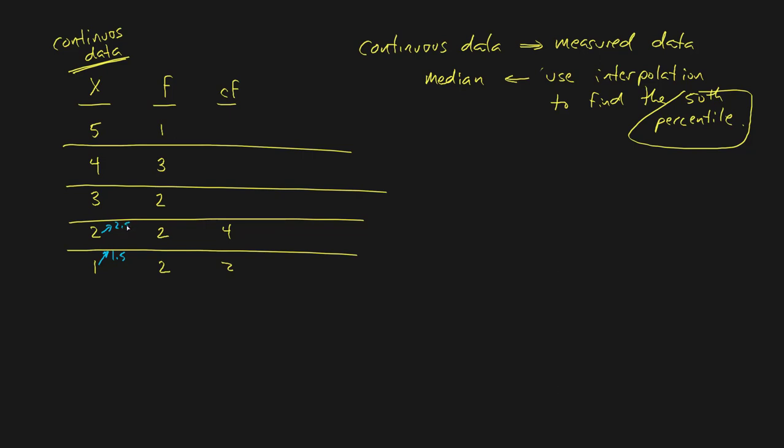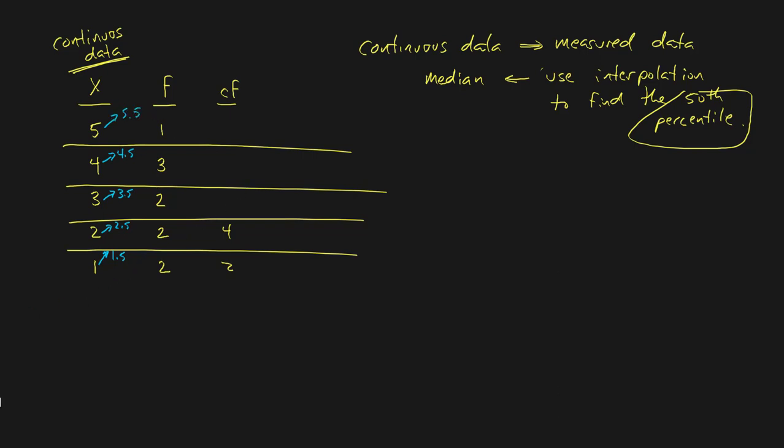Anything that's above 2.5 would get categorized into the next category up here. I would round it up to 3. Anything lower than 2.5, I would round down to 2. So I'll just put my upper real limits here. 4 has an upper real limit of 4.5. 5 has an upper real limit of 5.5.